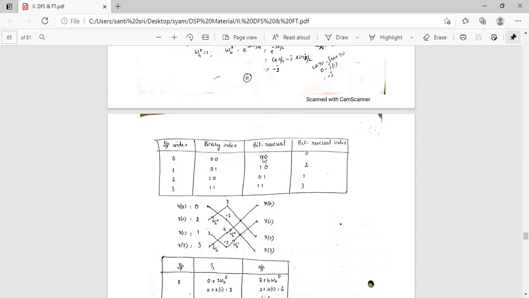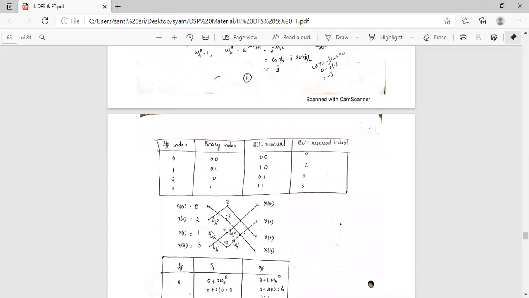So using bit reversal index, we can write the indices 0, 2, 1, 3. Initially W4^0 and W4^0. So 0 plus W4^0 into 2, that is 0 plus 2, which is 2. And 0 minus W4^0 into 2, that is minus 2.